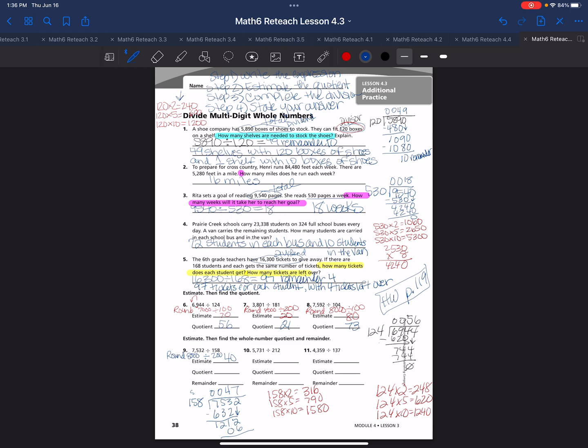And then 7 times 1 is 7 plus 4. Okay. So our remainder is 106. So the quotient would be 47 and our remainder would be 106.